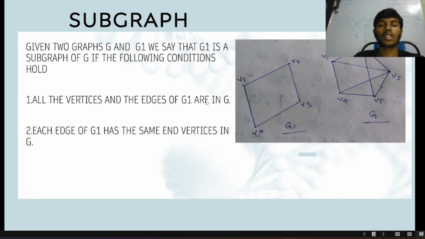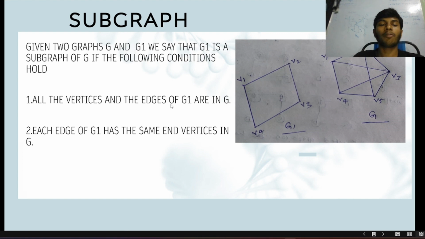Let's see these conditions for this example. Here is G1 and this is G. These are two graphs. Let's see whether G1 is a subgraph of G or not.